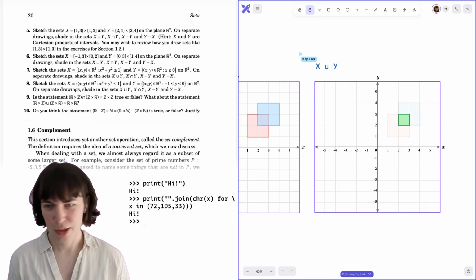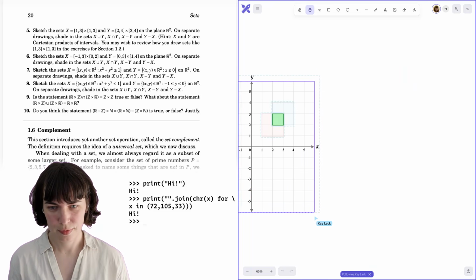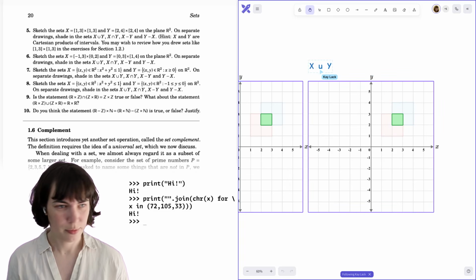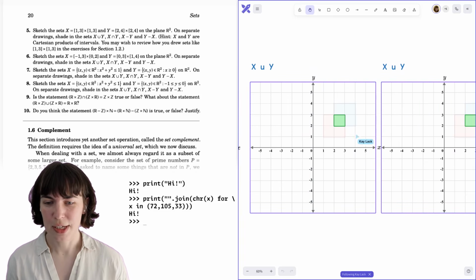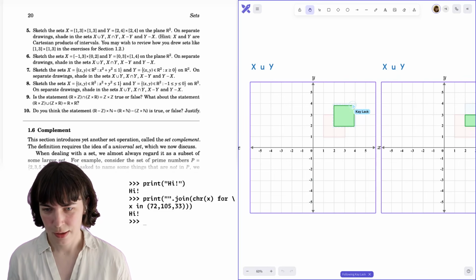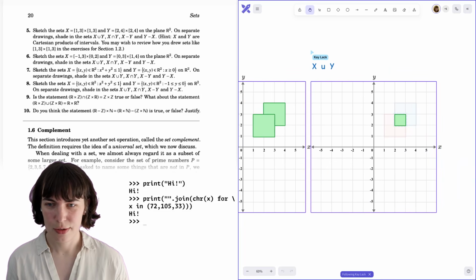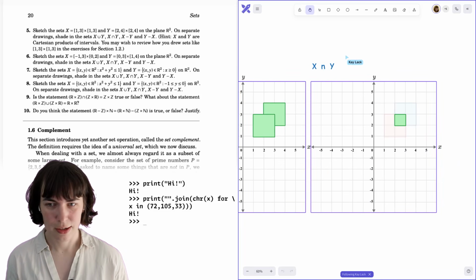Okay, that's the intersection. No, it's not. Sorry, I'm supposed to get the union. That's both of those. Try and imagine those are joined up. The intersection is this. Already done that.